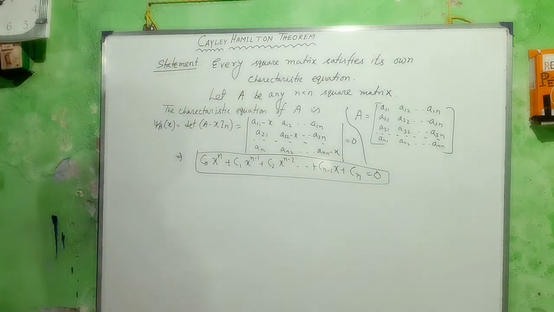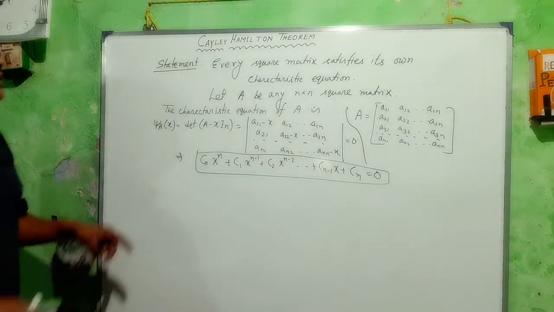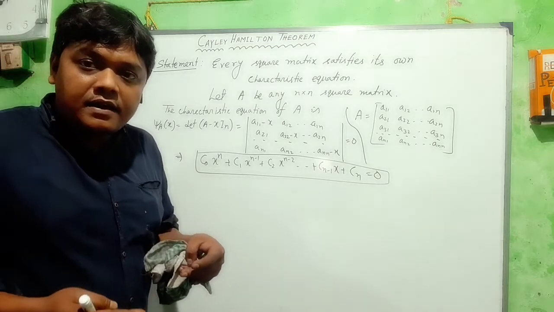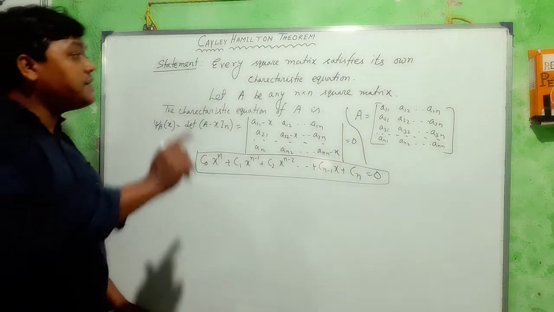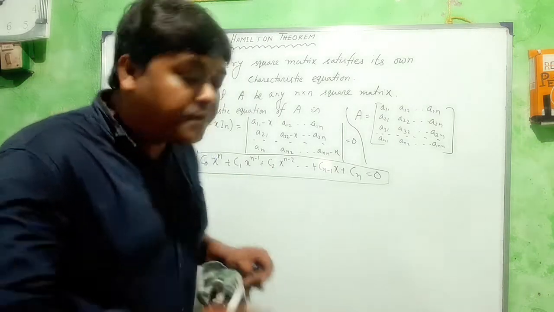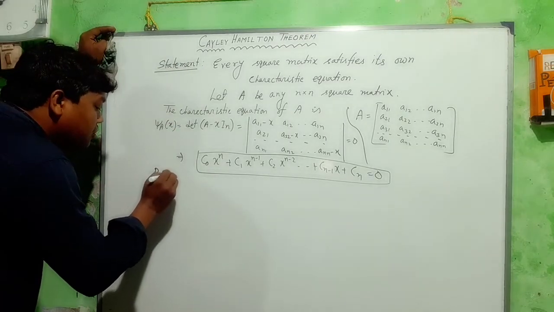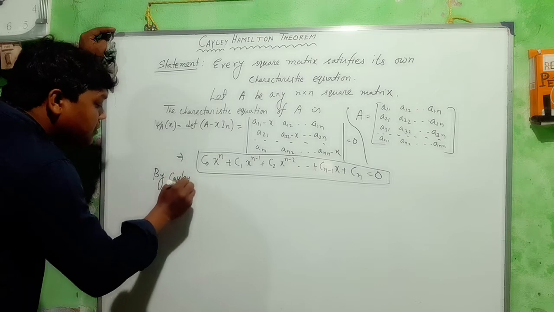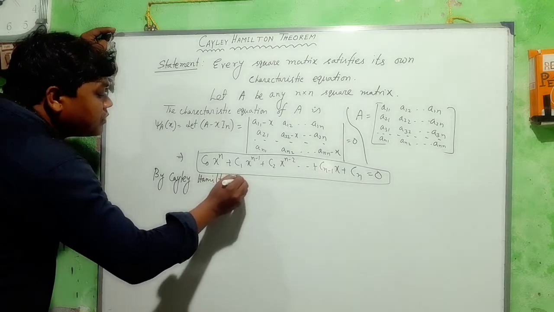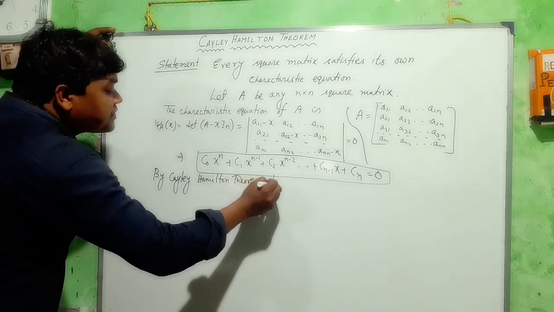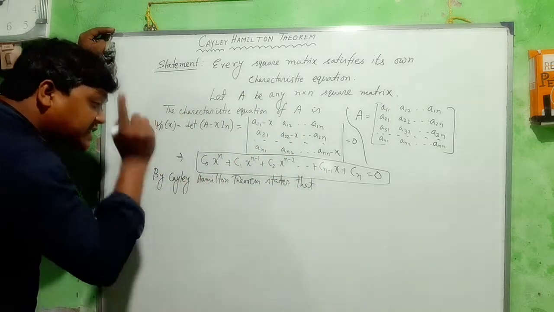So what about the Cayley Hamilton theorem? The Cayley Hamilton theorem states that the matrix A also satisfies this characteristic equation. That means the matrix A is also a root of the characteristic equation. So the Cayley Hamilton theorem states that the matrix satisfies this equation.